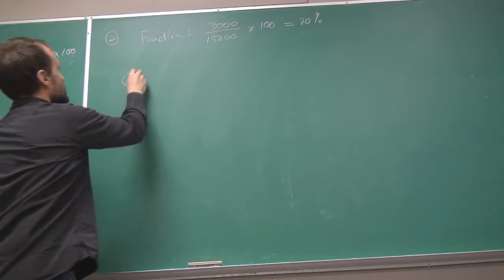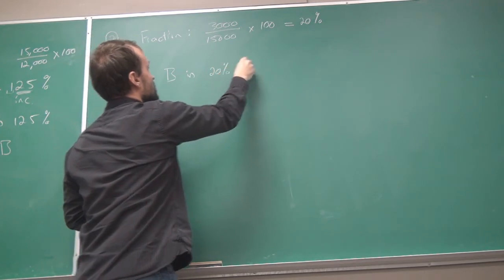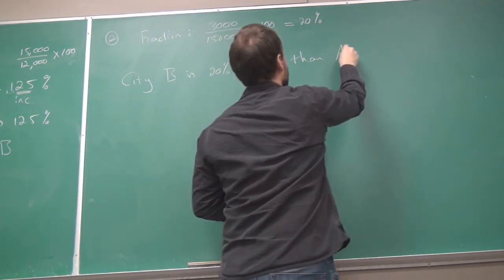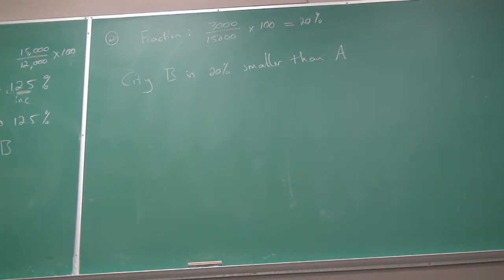So I can say many sentences. I can say city B is 20% smaller than A. And in that phrasing, the second thing is what it's relative to. So there's some consistency in what we're saying here. And I'd like my concluding sentence to sort of resemble the wording of the question sentence.